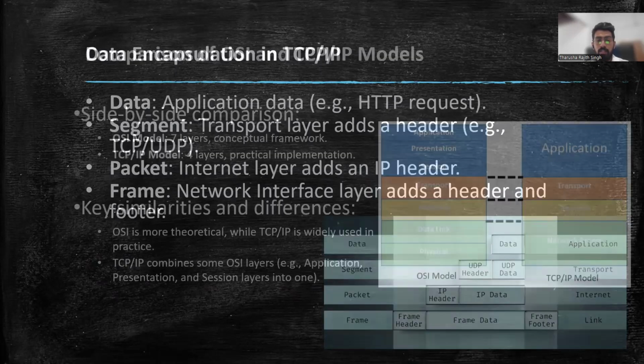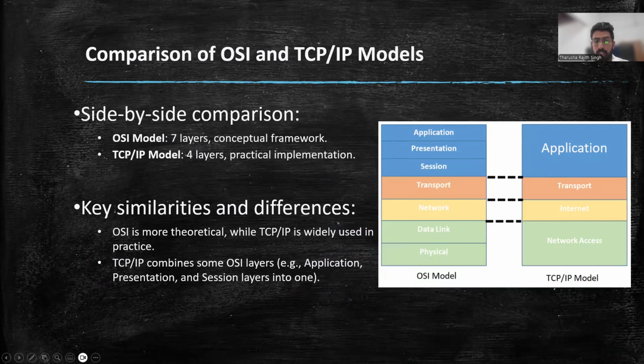Okay, then let's move on to the comparison of OSI and TCP/IP models. The OSI model is a theoretical framework with 7 layers. It provides a detailed and structured approach to understanding network communication, but it's not directly used in practice.